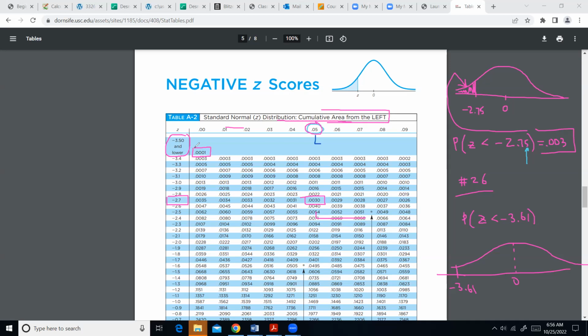So, in other words, if I look at the number that they tell me for the area, it's 0.0001, and this 0.0001 turns out is going to be the area for all possible values of Z to the left from minus 3.5.